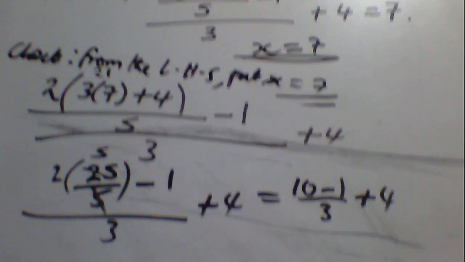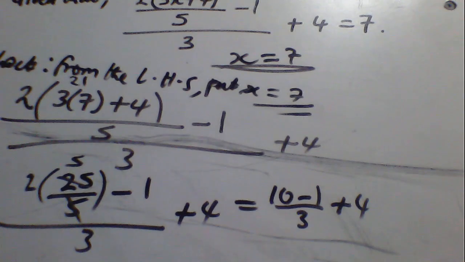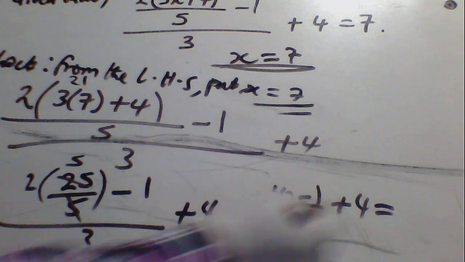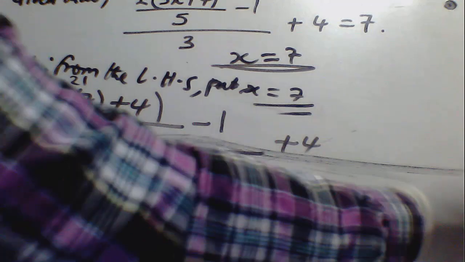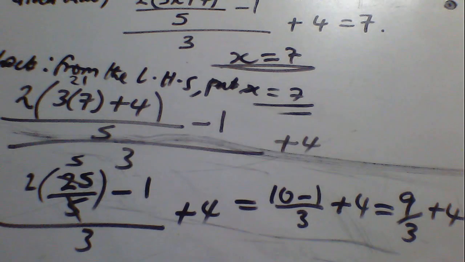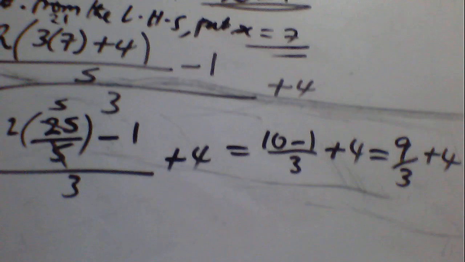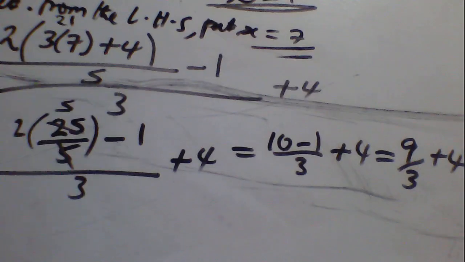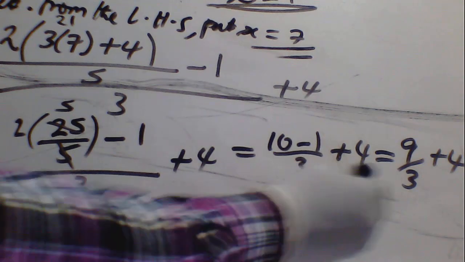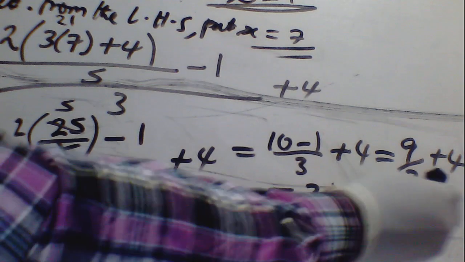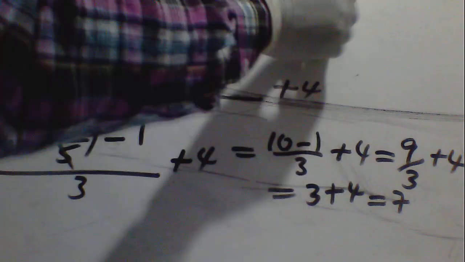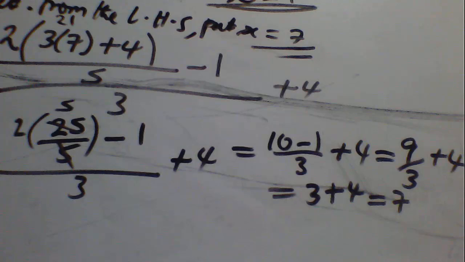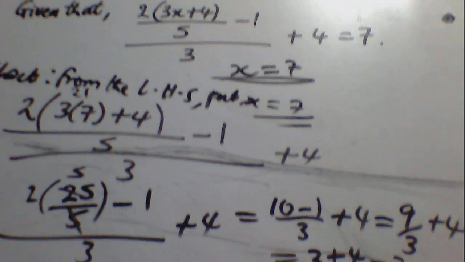So from here, 10 minus 1 will give us 9. 9 divided by 3 plus 4 is equal to what? 9 divided by 3 will give us 3. 3 plus 4 will give us 7. So notice that 7 here is equal to the 7 on the right hand side of the equation.